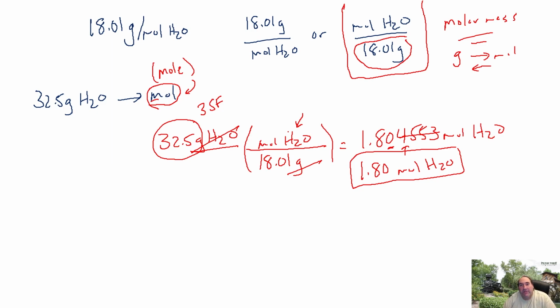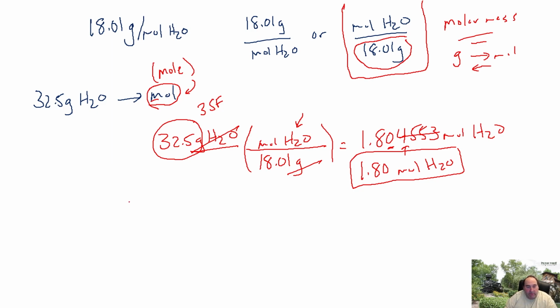If you're wondering where to start, and you're not really sure, but you have grams, in most cases converting it to moles is a good first step. I won't say every calculation, but if you ever find yourself thinking, I got grams, what should I do with it? Maybe convert it to moles is probably a good idea. Again, not 100% of the time, but a lot of times that is a good step.